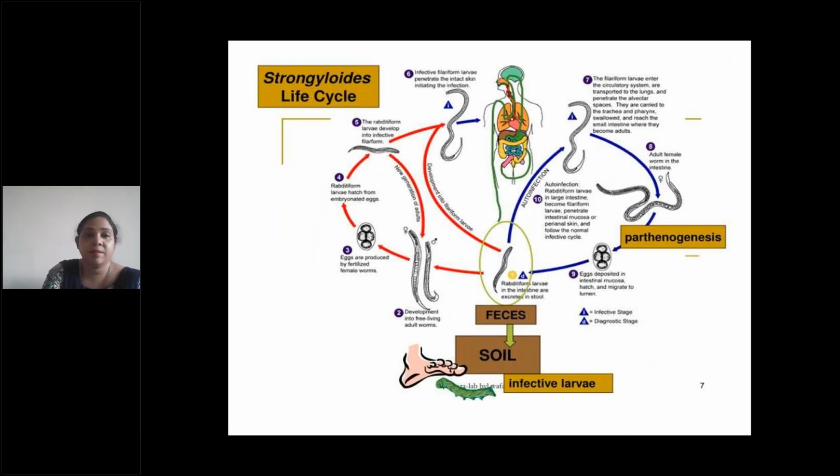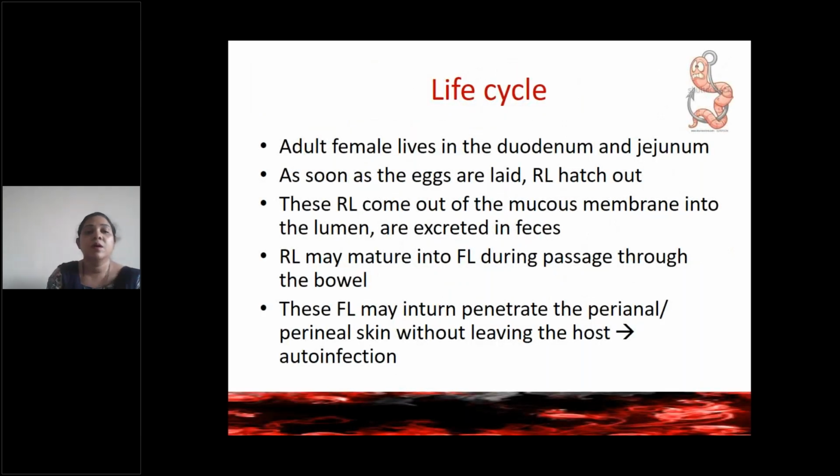Next one, life cycle. Adult female lives in the duodenal mucosa. And these fertilized females usually lay eggs immediately. After laying eggs, rhabditiform larva hatch. These rhabditiform larva come out of the mucous membrane into the lumen, and are excreted in feces.